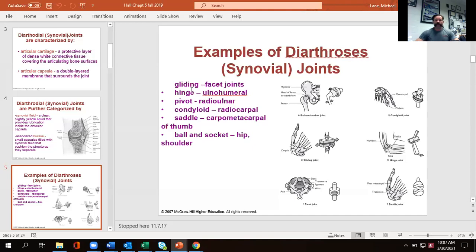We have pivot, which is the radioulnar joint. We have the condyloid, which is the radiocarpal, so now we're talking about our wrist. We've got our saddle joint, which is the carpometacarpal of the thumb. And then we've got our ball and socket, which is our hip and our shoulder. A lot of different articulations we're going to see throughout the body.